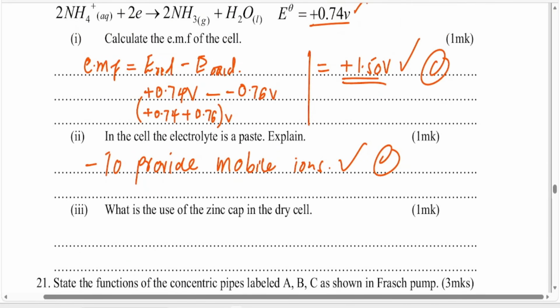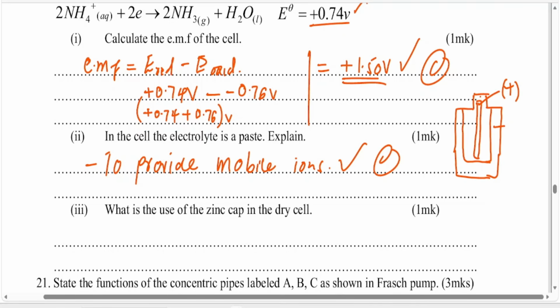As I've just said before, when you look at the structure of the Leclanché cell, the dry cell that you're talking about, we have the carbon rod, we have a section where we have a mixture of carbon paste and manganese oxide, and then we have a section where we have the paste, then we have the carbon rod, which is the positive terminal.